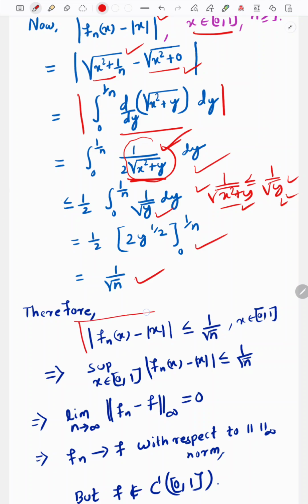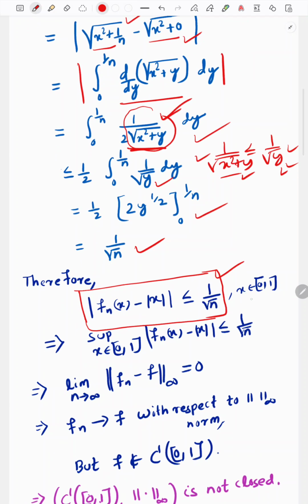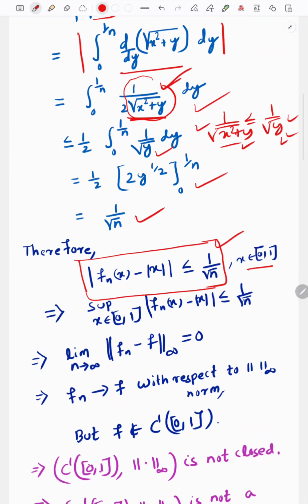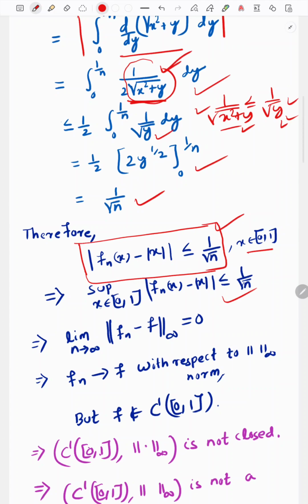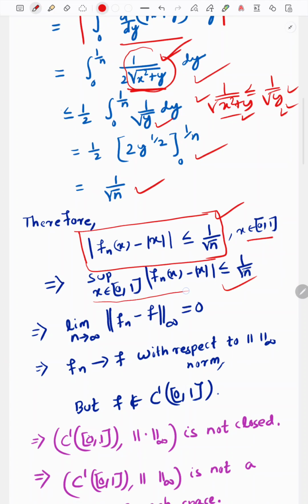So we get this final inequality, and this inequality is true for every n and for all x in [0,1]. So if you take the supremum also, this will hold. Supremum over x in the closed interval [0,1], and this supremum value is nothing but the supremum norm of f_n minus f, where f is equal to |x|.